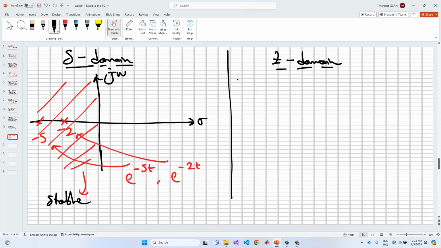For example, if we have an equation like this: x(k+1) is equal to 0.9 times xk. For example, x0 is equal to 1. What is the outcome of this signal? If we increase the k value, this is the first value.